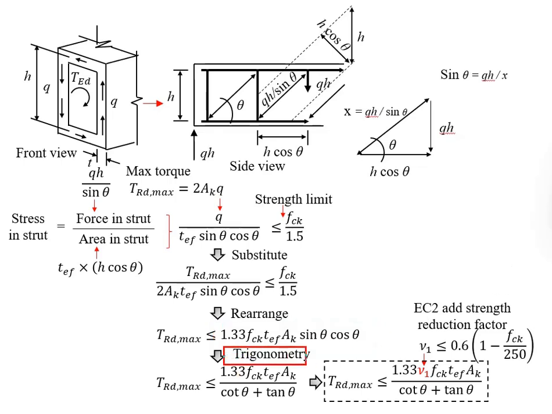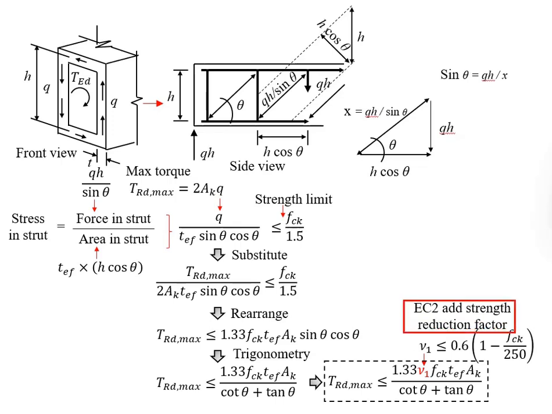Next, use the trigonometry to rewrite the formula. And then you get the fundamental formula for the maximum torque applied onto the member. Now, Eurocode tends to be slightly more conservative. There is an additional strength reduction factor, which is this new one.